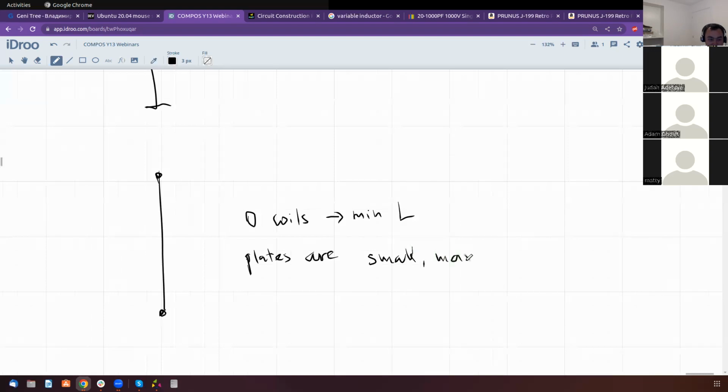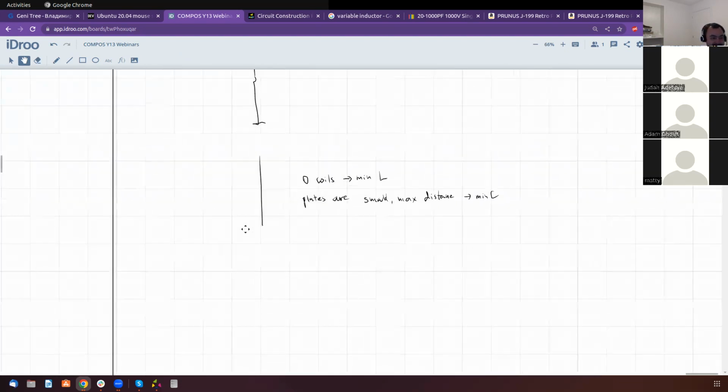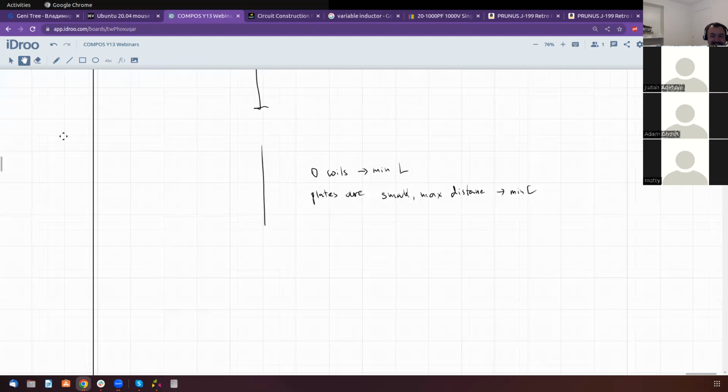Max distance apart. That is minimum C. What does this look like? Have you seen this before? A bit more specific.